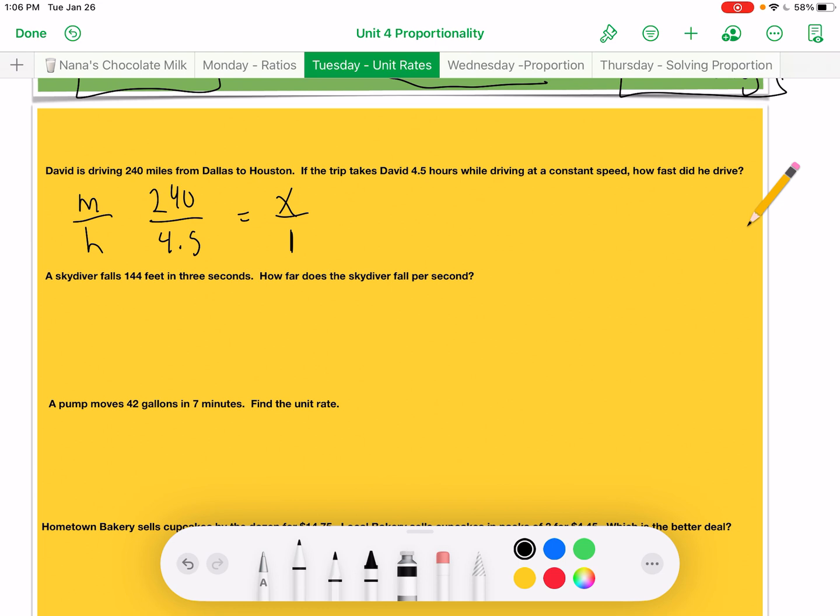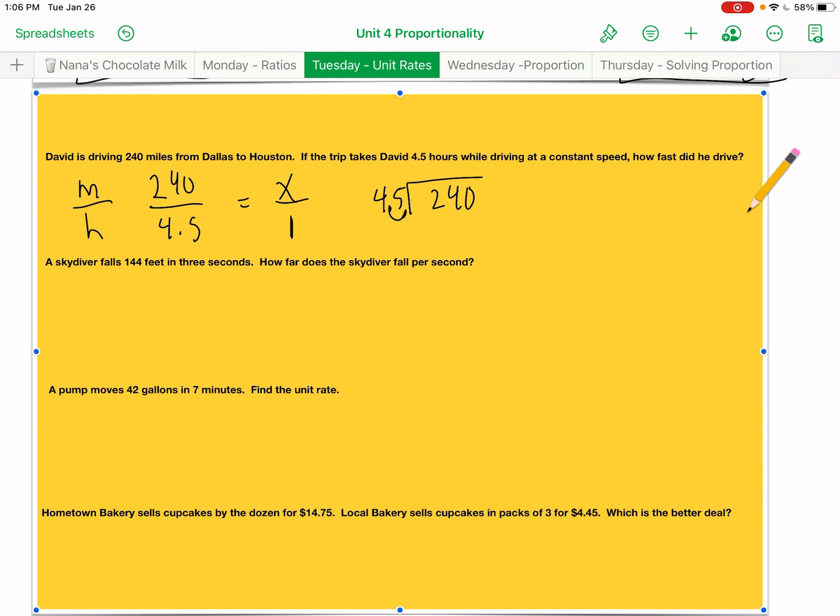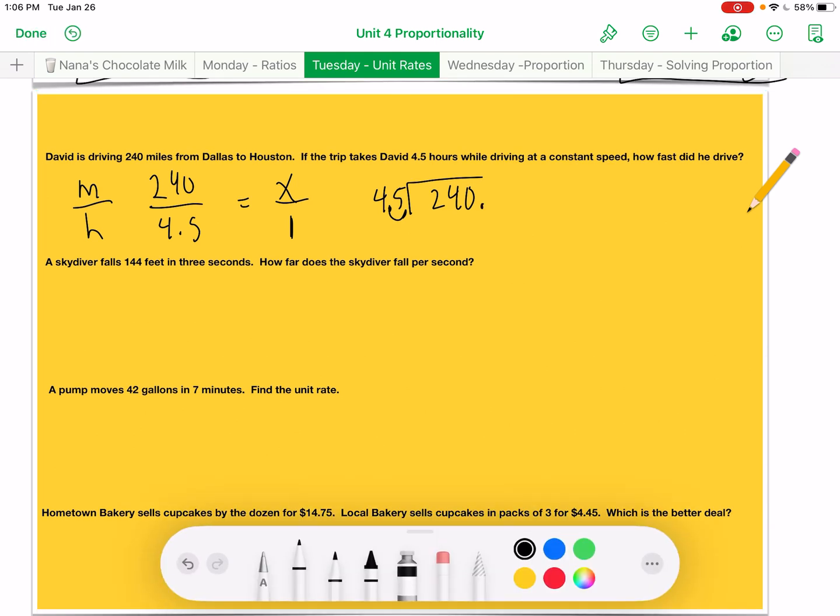So since it's 1 unit, we're simply going to divide 240 by 4.5. Remember, when you have a decimal in your divisor, you move it over, add the decimal, make sure you have a 0 for the placeholder, and bring your decimal up.